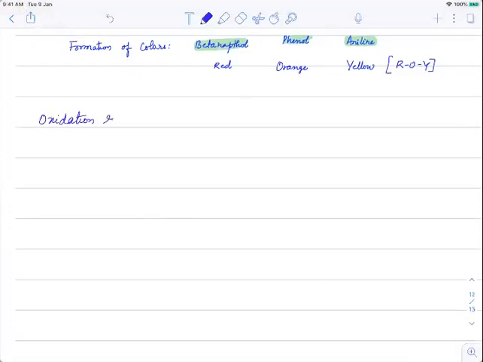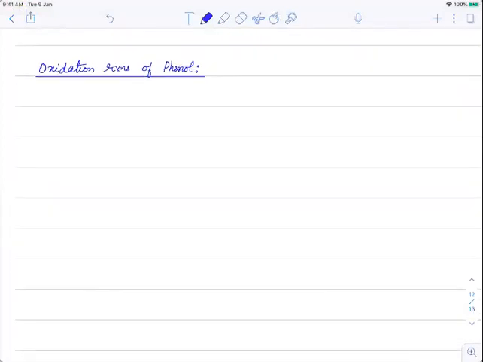So oxidation reactions of phenol. First reaction being phenol, OH, and if you react that with KMnO4 and K2Cr2O7, we have done this before. Everything converts into quinone. The mechanism is not needed, you just should know that everything converts into quinone.